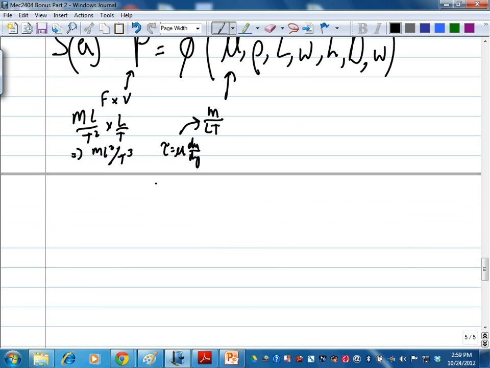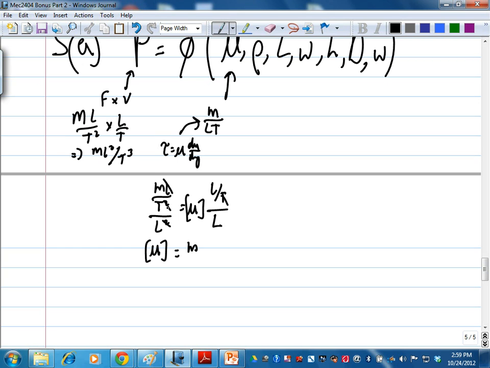Force is M L over T squared, divided by L squared, is equal to the dimensions of mu times L over T over L. So the dimension of mu is M over L T. This one will cancel out this one.